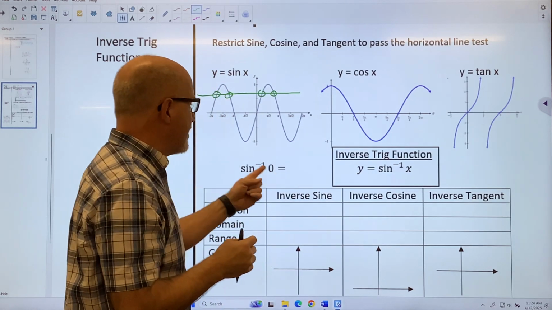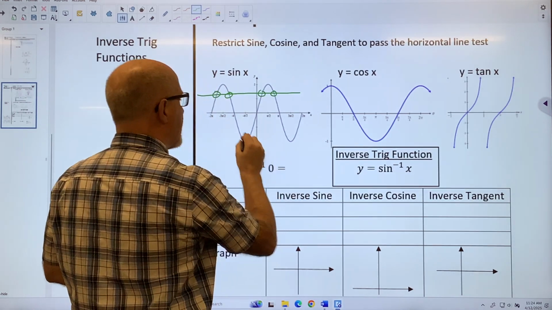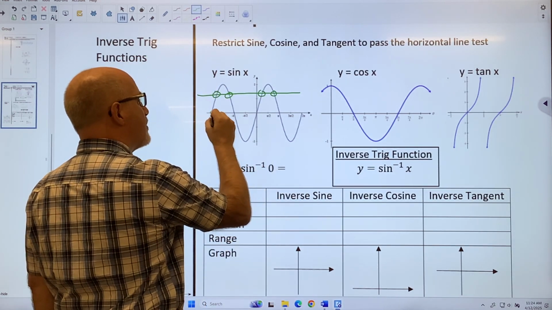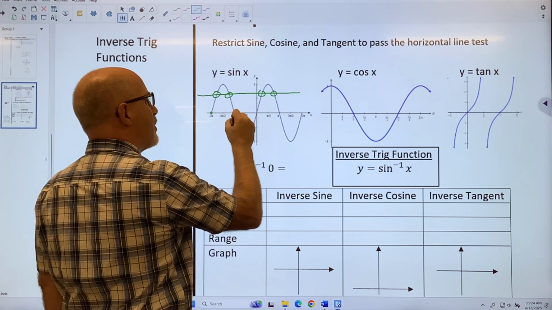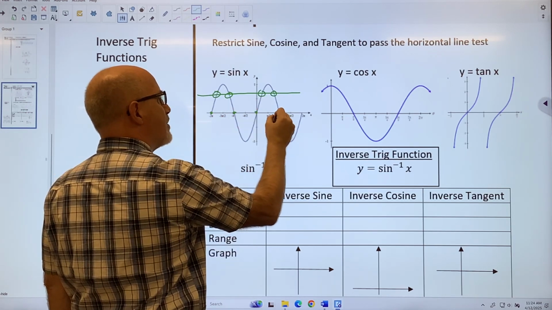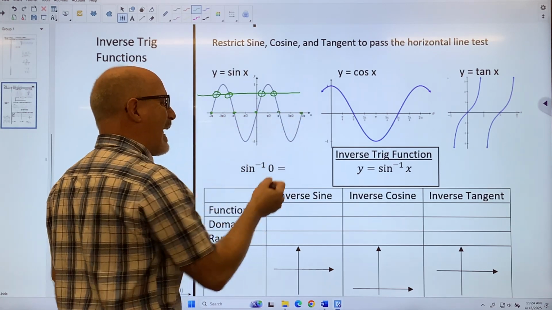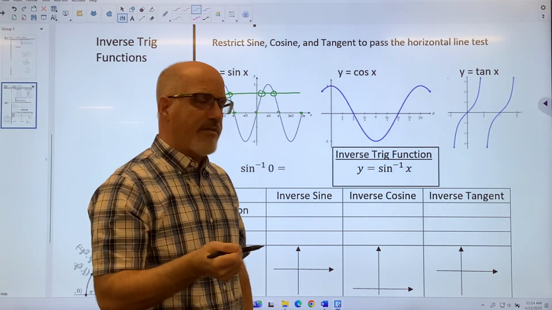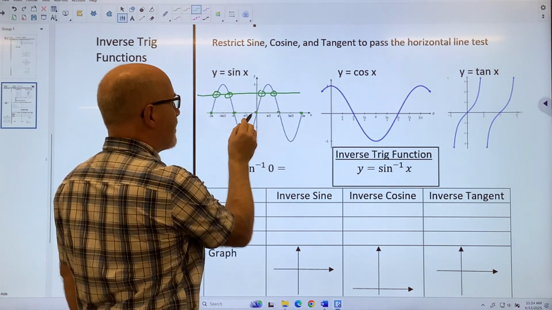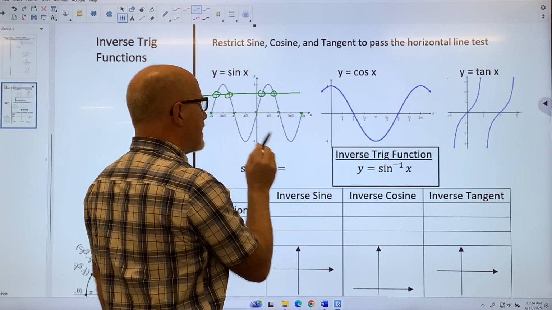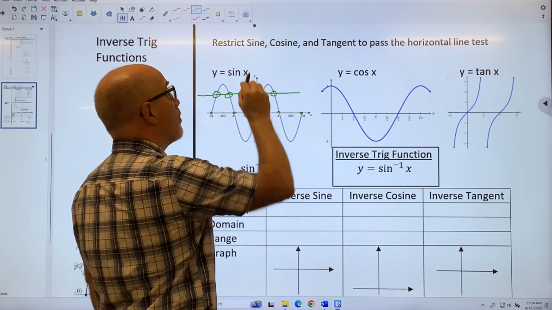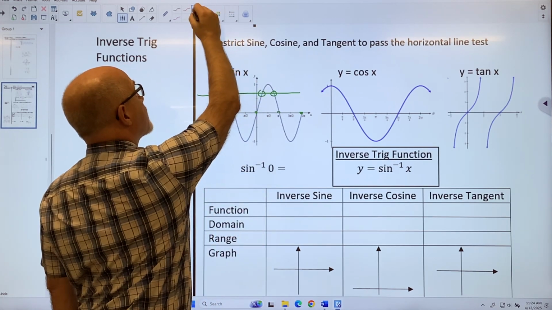So let's look at 0 here, just to be specific with this one. Notice that here's 0, when I put it in, 0 for what I'm putting in. What angles am I getting out for that value? And I get all these different angles. So let's restrict it so you only get 1. So let's take a look at this graph now.